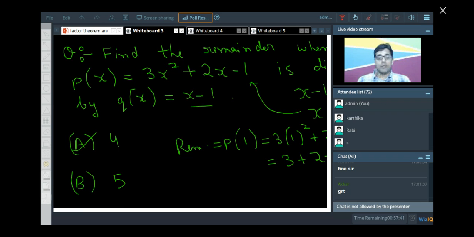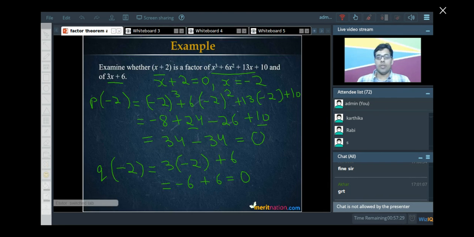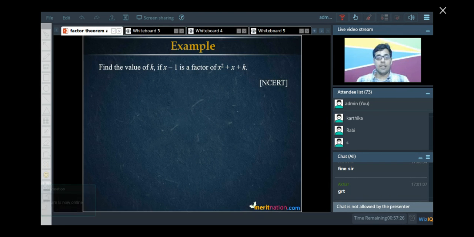Let's see how many votes have gone with option number 1. Almost 74% votes. You are right, you can directly use the remainder and find your answers. Thank you for responses. Next, moving on to the next concept. Example is find the value of k if x minus 1 is a factor of the polynomial x square plus x plus k.